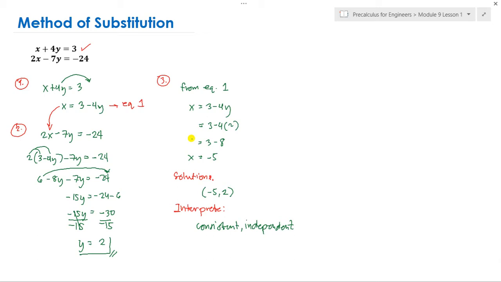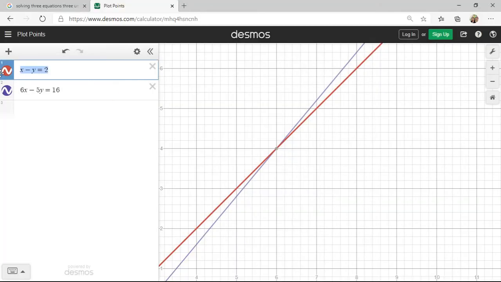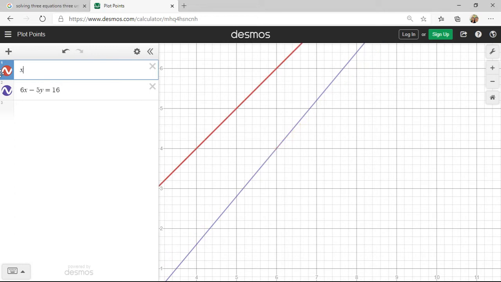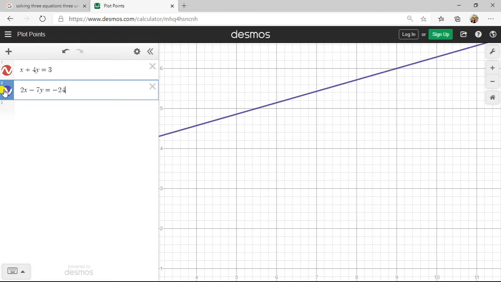because it is more precise and easier. But you can also check that manually, class: just substitute the values of x and y back into our equation, and you can use either of the two. So let's graph this again. The first equation is x plus 4y equals 3. The second equation is 2x minus 7y equals negative 124.